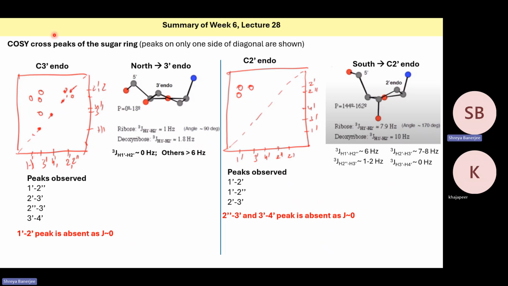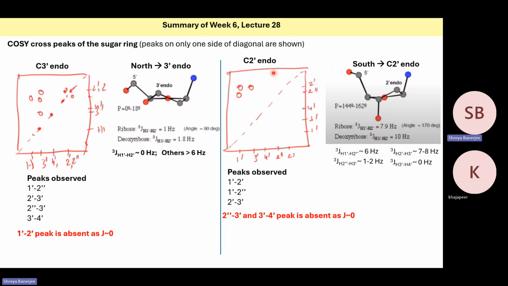These are the peaks that you will observe: 1 prime with 2 double prime, 2 prime with 3 prime, 2 double prime with 3 prime, 3 prime to 4 prime. What peak you will not observe is the 1 prime 2 prime peak, because we already know the coupling constant is 0. So this cross peak will not be observed in the cozy.